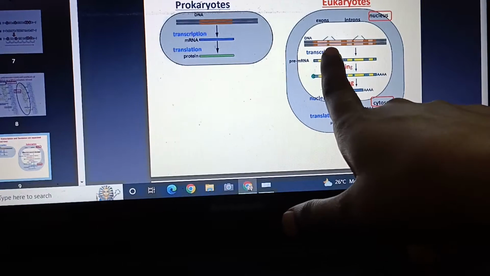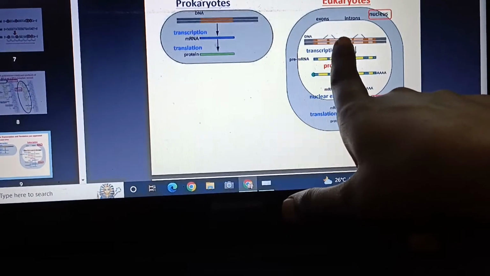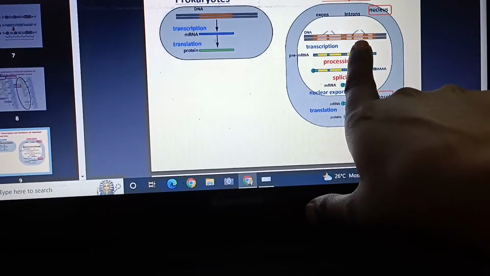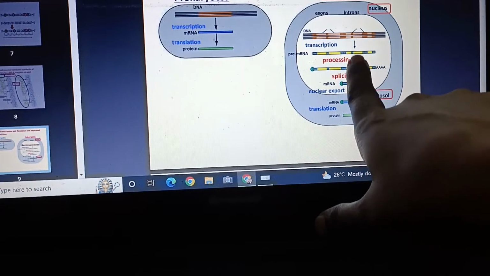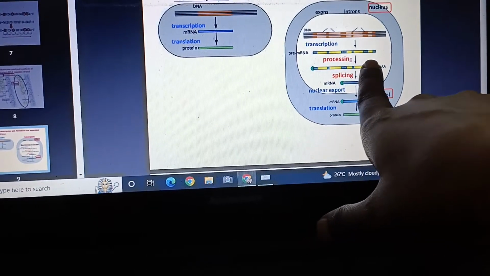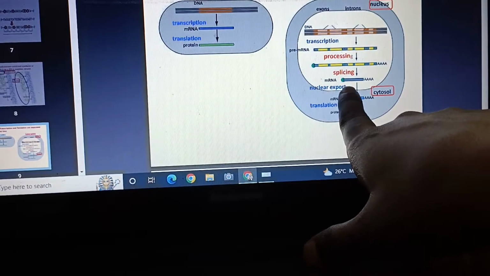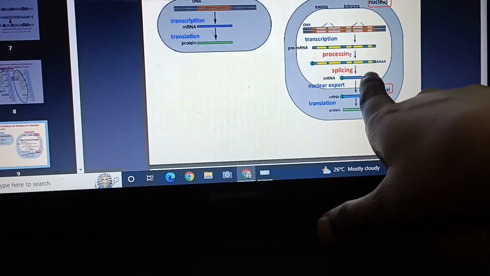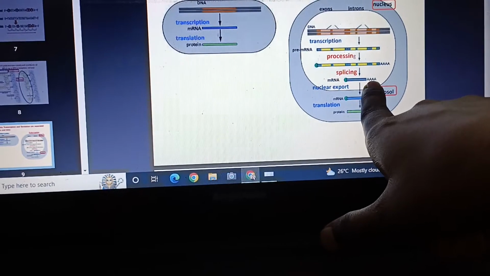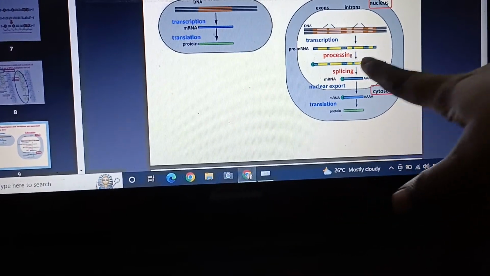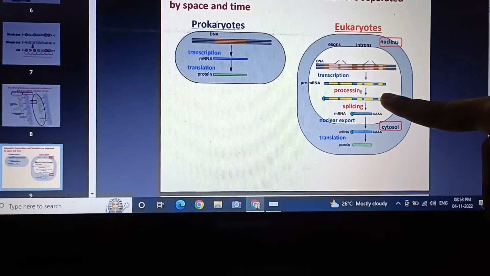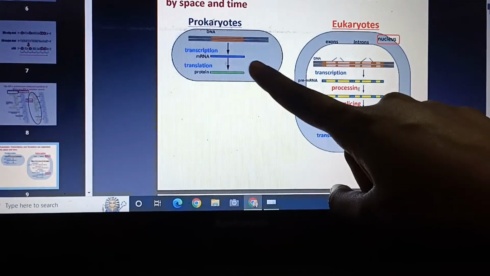So in this machinery we need to eliminate the non-coding sequence, and that is called processing, or splicing. After that, your newly synthesized mRNA will come out. These two processes happen in eukaryotes only, not in prokaryotes.